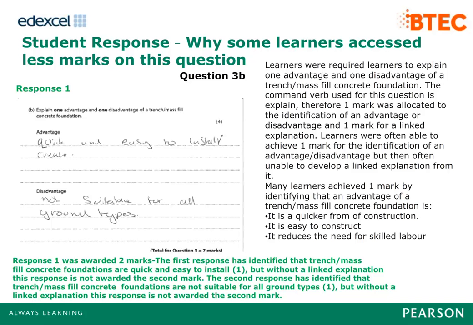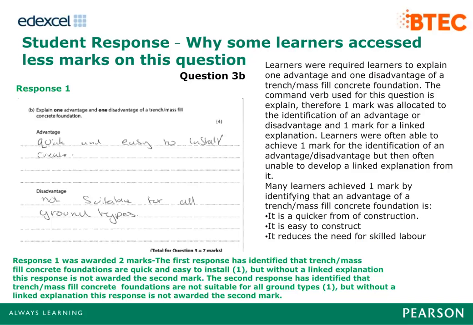Many learners achieved 1 mark by identifying that an advantage of a trench or mass-fill concrete foundation is: it is a quicker form of construction, it is easy to construct, it reduces the need for skilled labour.